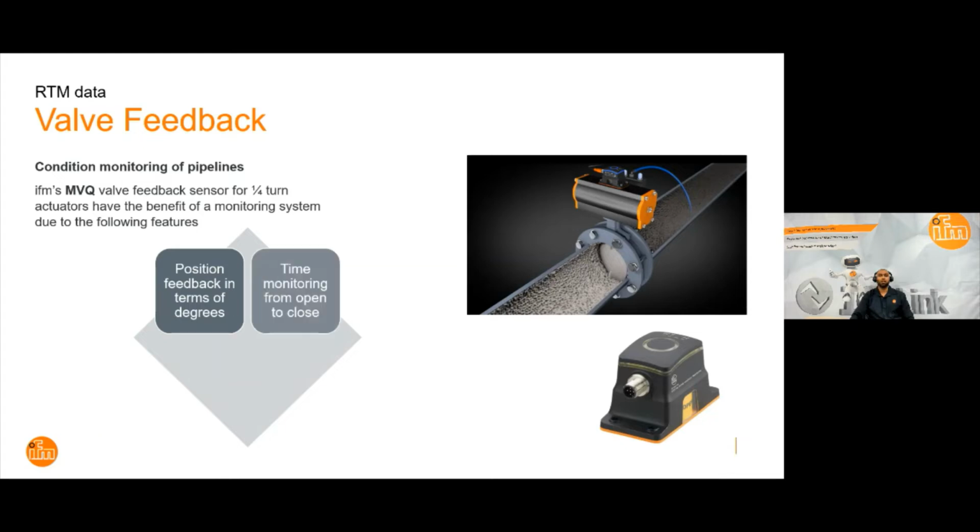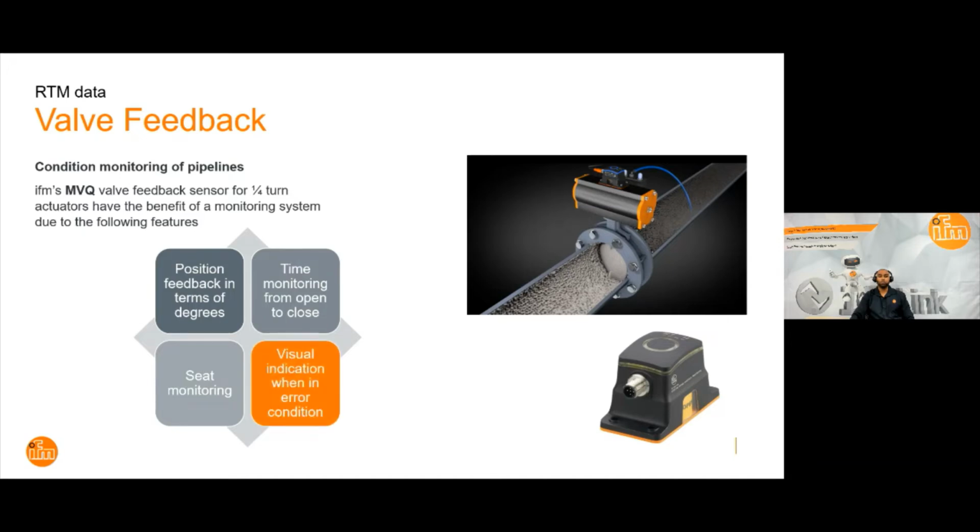Another feature is we can monitor the time it takes for the valve to open and close and vice versa. This could be used to indicate whether our actuator is passing or not. The next feature is that we have seat monitoring. So now it's possible to not only see if your valve is seated, but also to detect if your seat is wearing.